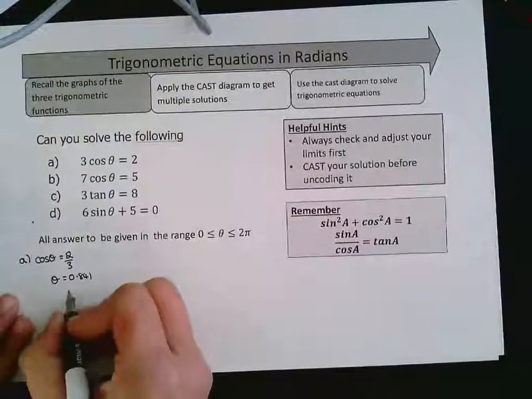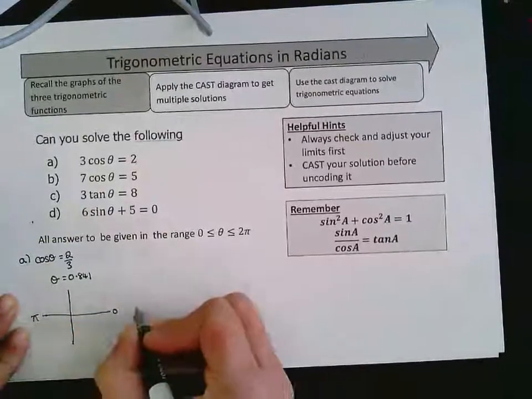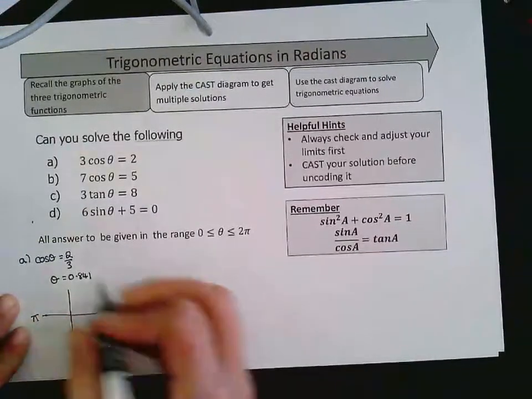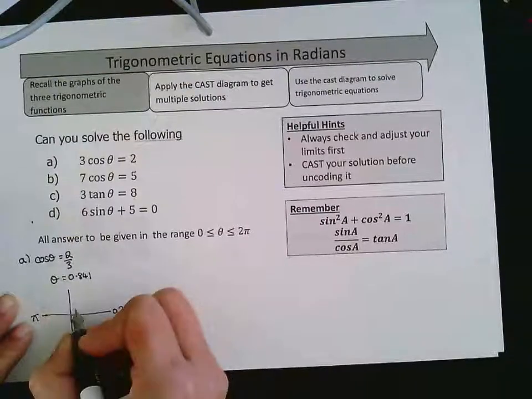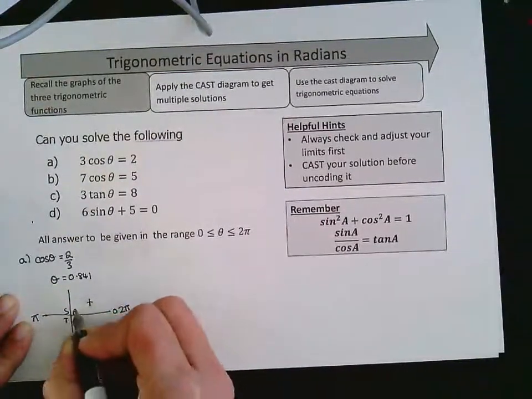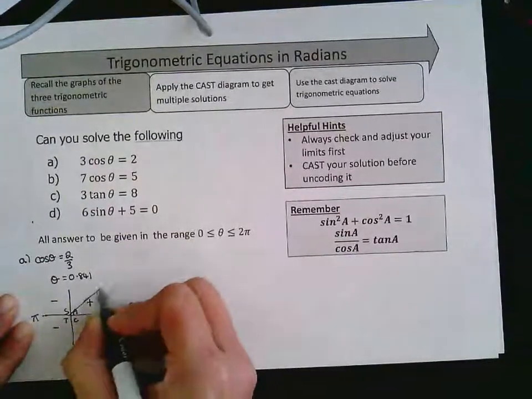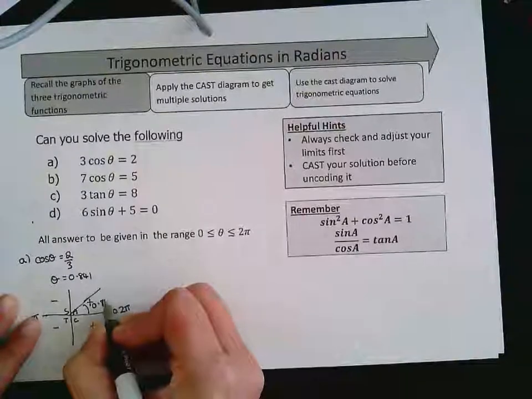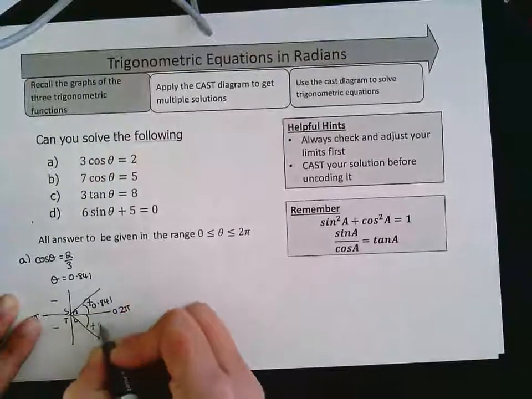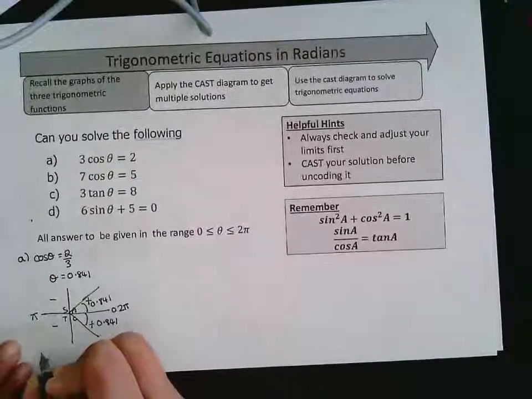Into my cast diagram, so I draw the cross, I label the x-axis. We're dealing with cos, which is positive here in all of them and here. The angle is positive. Now I just get my solutions.